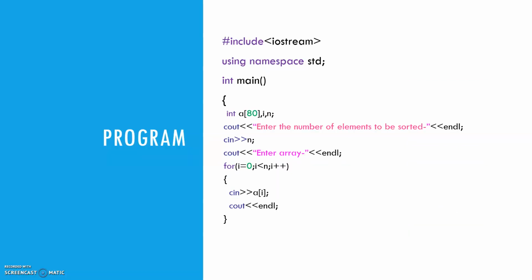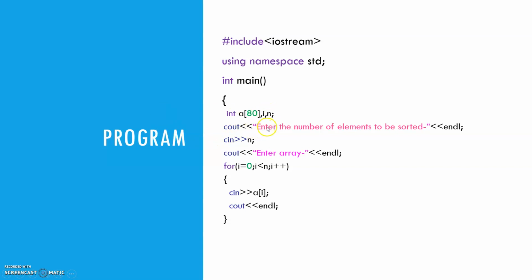Now let us see the program of selection sort. Hash include iostream is the basic header file, using namespace std. Now in the main function, we are going to define integer a of 80, which is the array size, and we'll take two variables i and n.